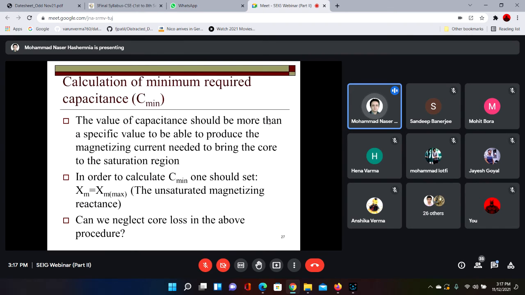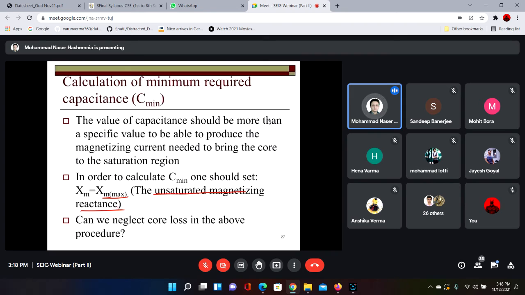In this part of my presentation, I would like to tell you how we can calculate the minimum required capacitance. In order to calculate minimum capacitance, we should set Xm equal to Xm max, which is the unsaturated magnetizing reactance. Why? Because as I mentioned before, here you have two curves. As you increase the capacitance, then you decrease Xc, so you are going further here.